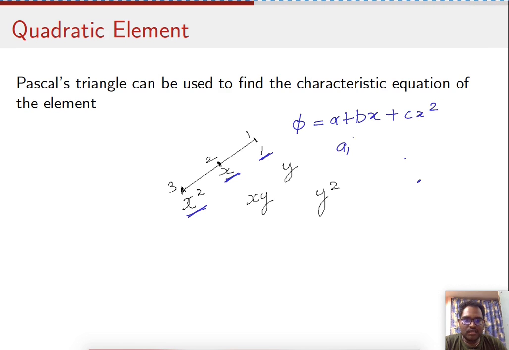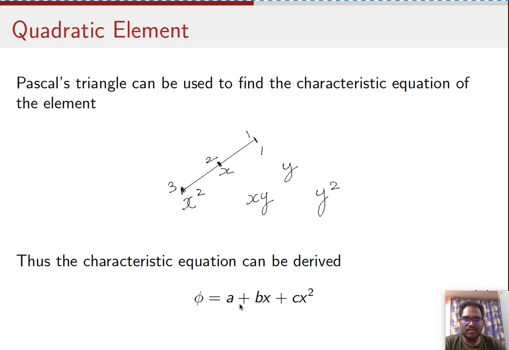Out of which a, b and c are constants, and we are going to find out the value of these constants. Okay, so as I told you, this is the characteristic equation of this particular element.